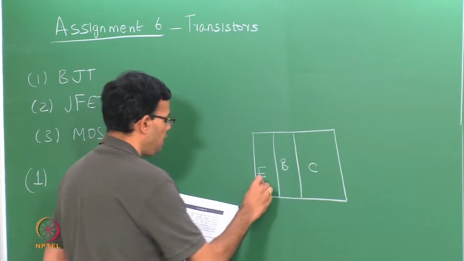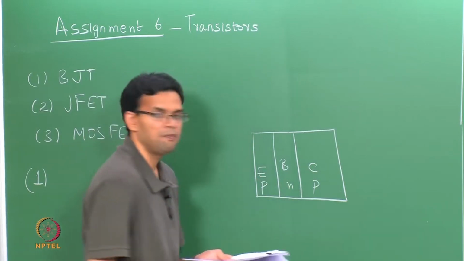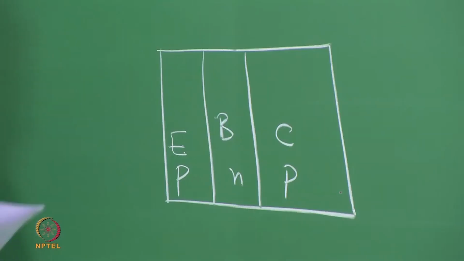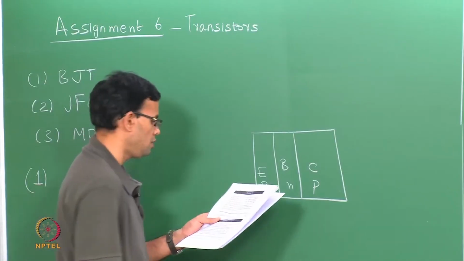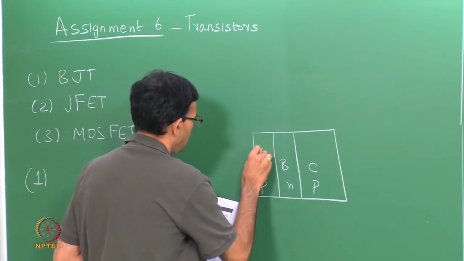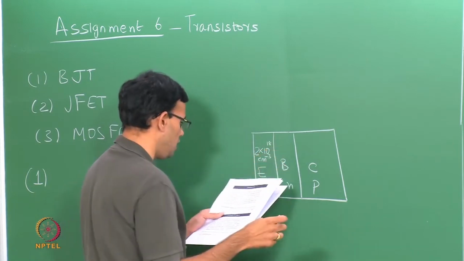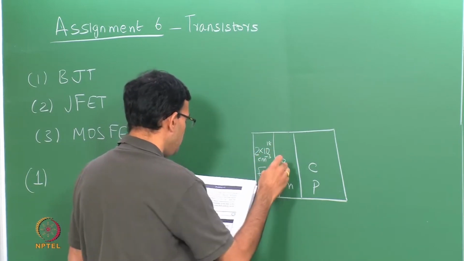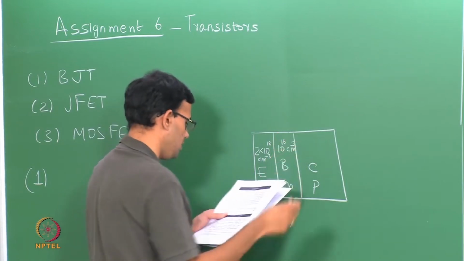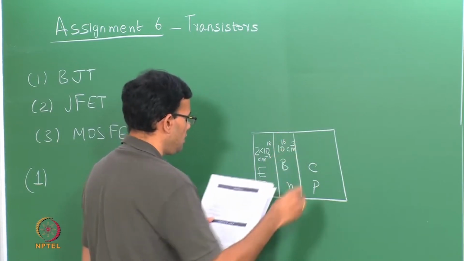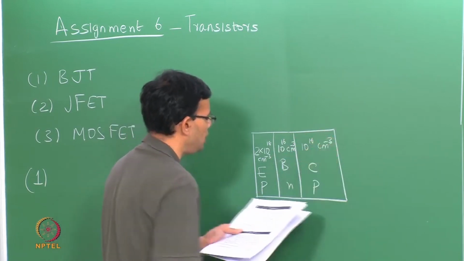In the case of a PNP transistor, you have the emitter and the collector to be p type, the base is n type. So, the concentrations of the different regions are given. The emitter region has a concentration of 2 times 10 to the 18 per centimeter cube. The base is 10 to the 16 per centimeter cube, and the collector is also 10 to the 16 per centimeter cube.